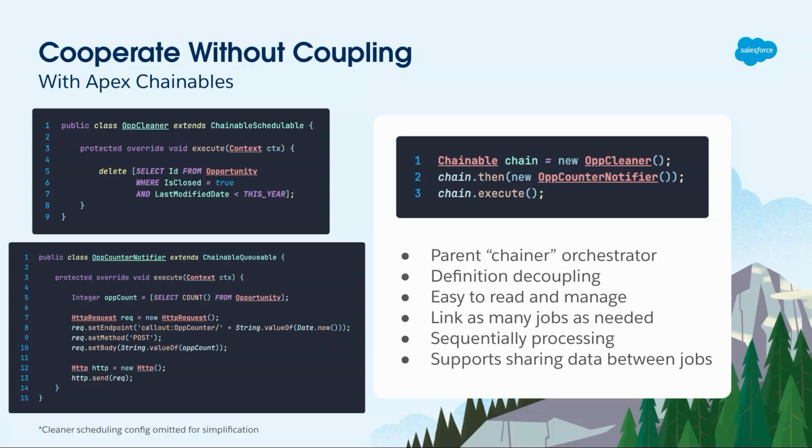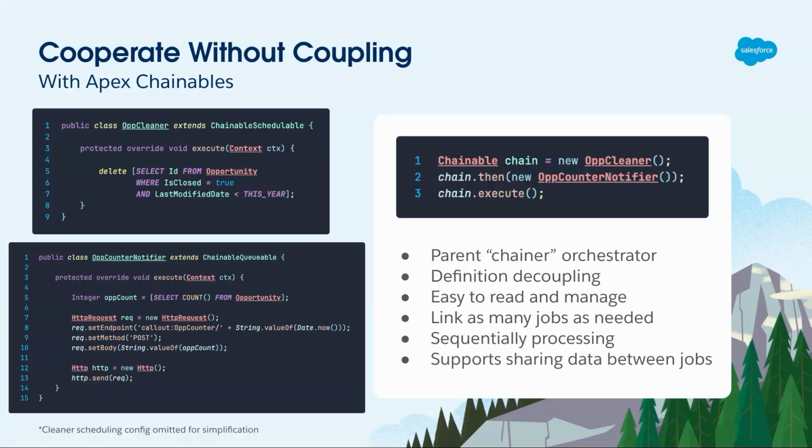Therefore, resuming part of the framework, we have a parent chainer, which is this one that we're seeing on screen. The definitions are completely decoupled from one another, therefore they can be reused, more easily managed, and deployed independently. They don't depend on one another, and therefore we can link as many jobs as we want, because they're going to be executed sequentially.